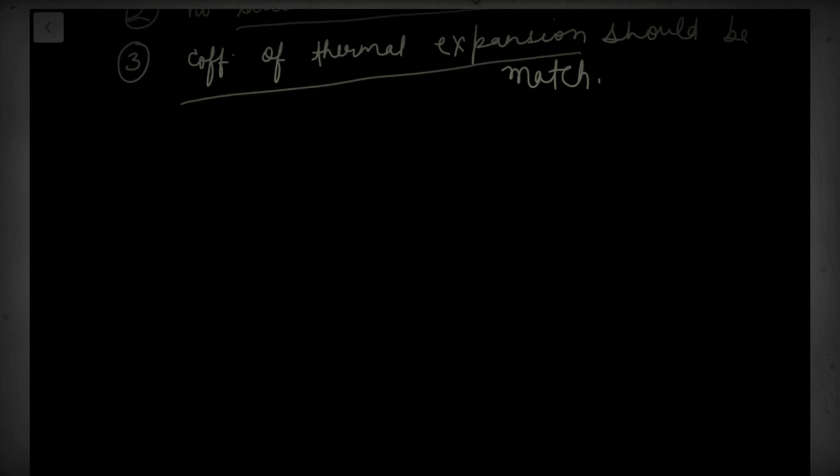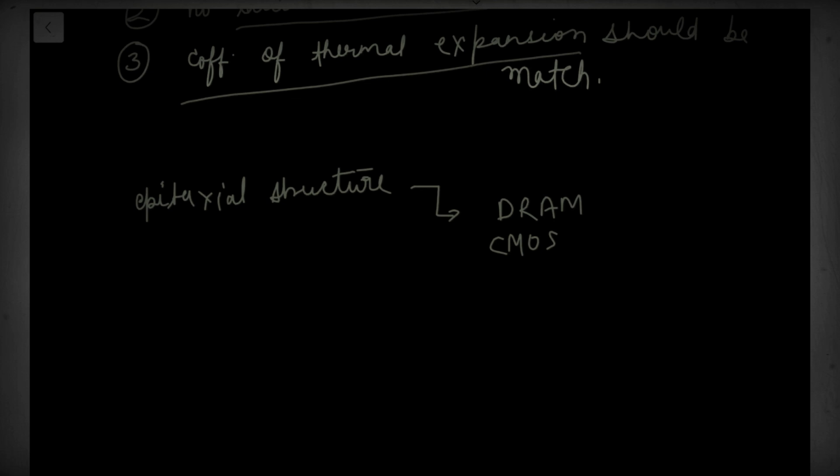Epitaxial structure is used to improve the performance of DRAM and CMOS IC. In DRAM and CMOS circuits, devices could be fabricated in bulk wafer, but certain circuit parameters are optimized using epitaxial material.